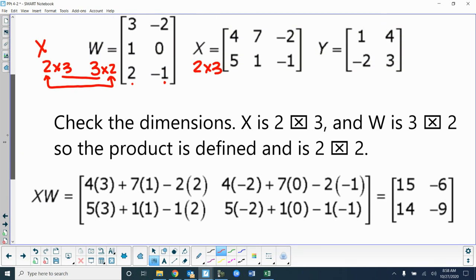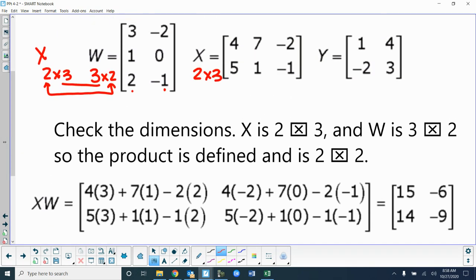So remember, we're doing X first, right? So you go which way first? Horizontally along the top row. And then the first vertical, first column, right? So 4, 7, negative 2. 4, 7, negative 2, 3, 1, 2. 3, 1, 2. 4, 7, negative 2 again in the second column.